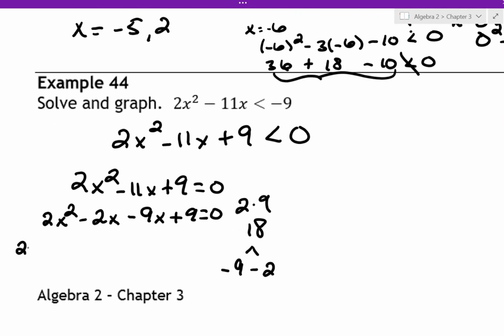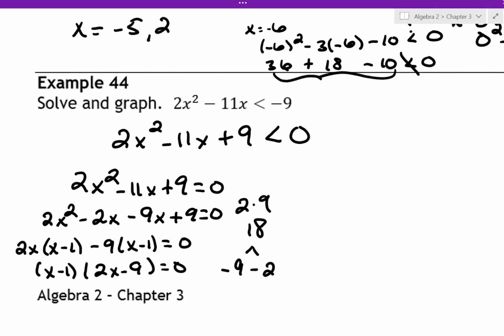So 2x times x minus 1 minus 9 times x minus 1 equals 0. Right, I pulled out my 2x in the front and the negative 9 in the second spot, and now we're going to have x minus 1 and then 2x minus 9 equals 0. So x will be, skipping a couple steps there, 1 and 9/2.